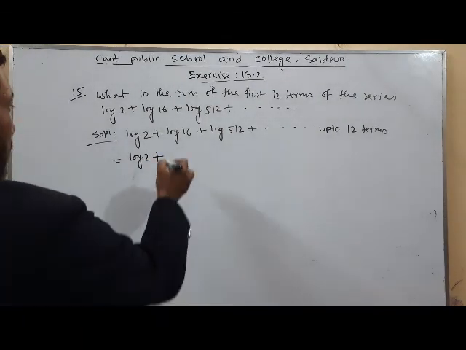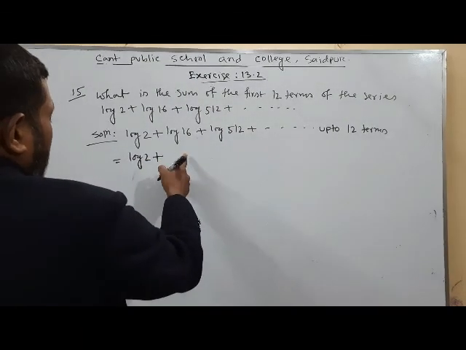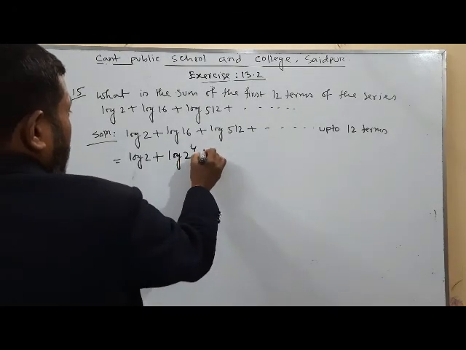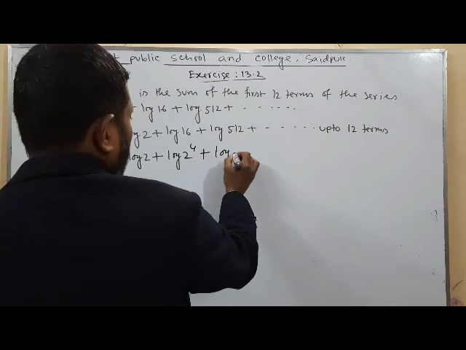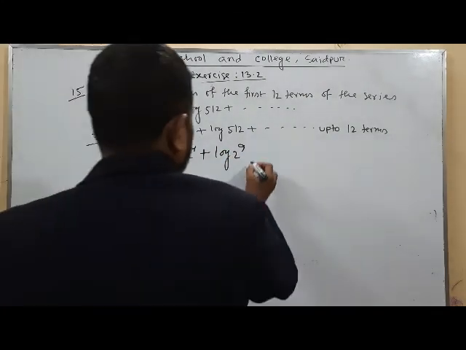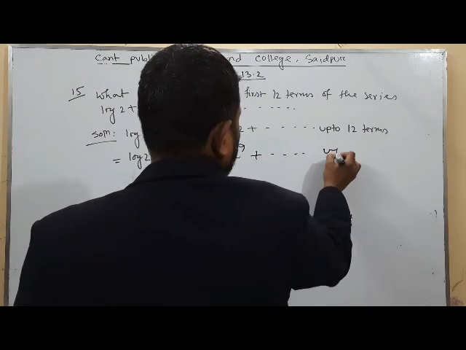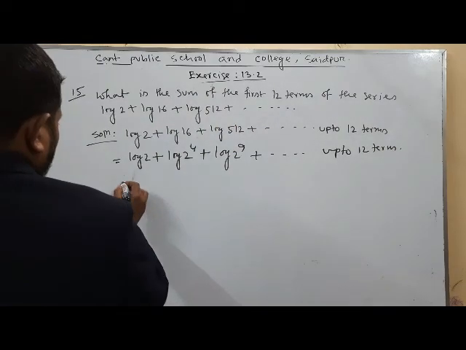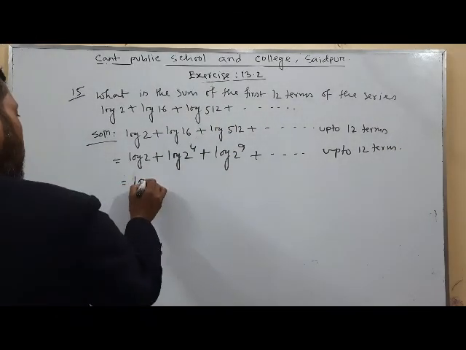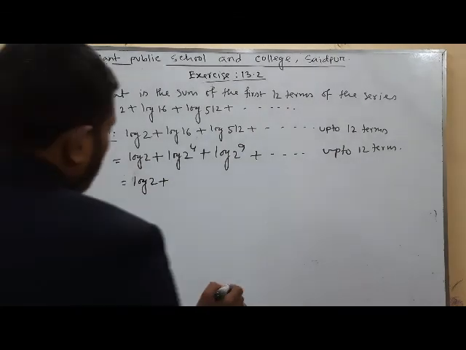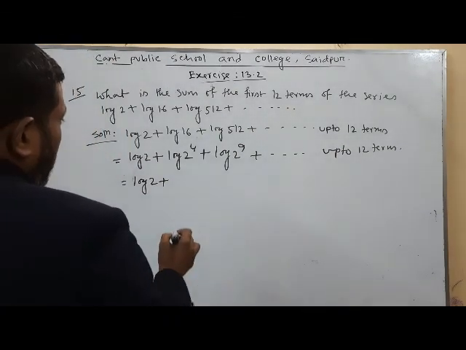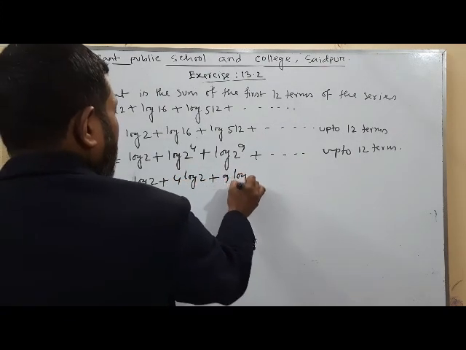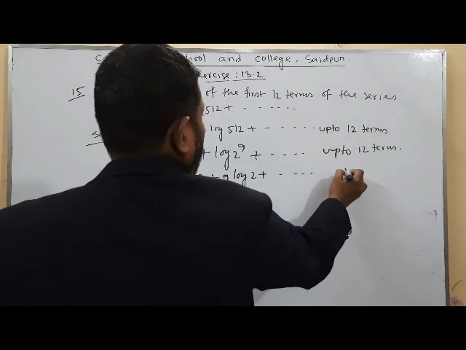Log 2. If we take common here, sorry, log, we can write this as log 2 to the power 1, log 2 to the power 4, log 2 to the power 9, up to 12 terms here. According to the rules of logarithm, we can write this as 1 into log 2, 4 into log 2, 9 into log 2, up to 12 terms.